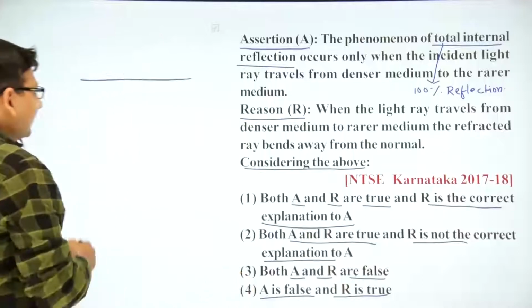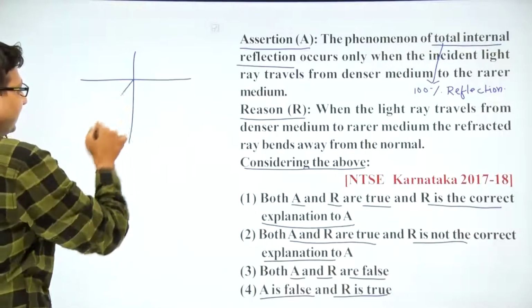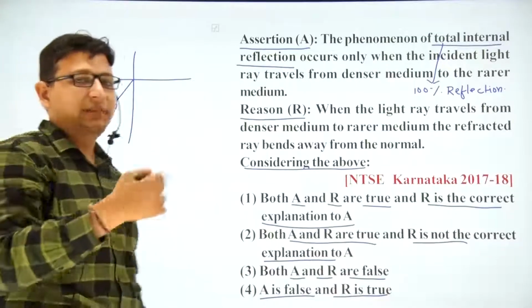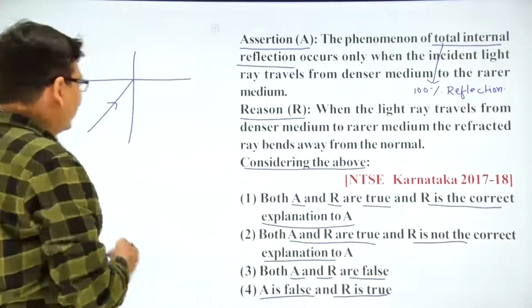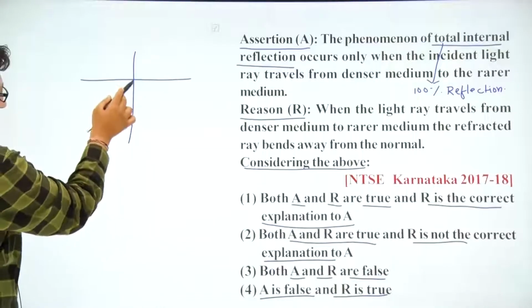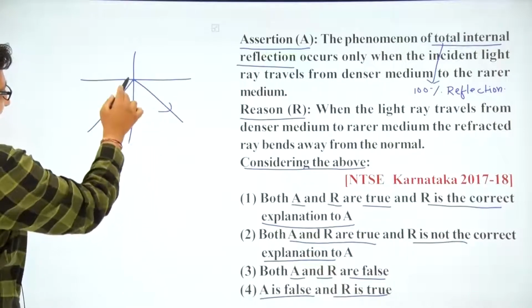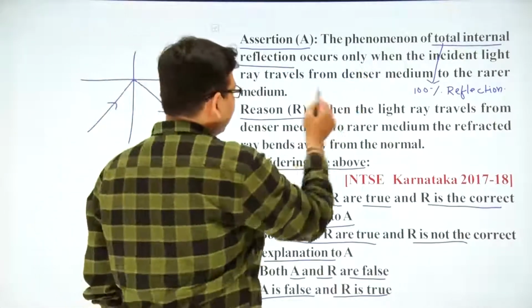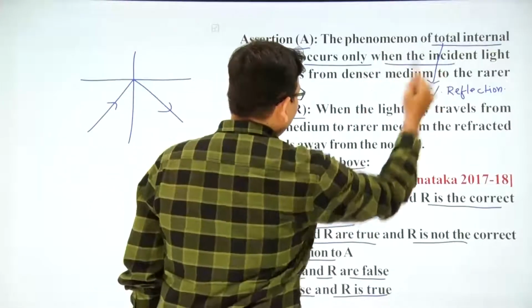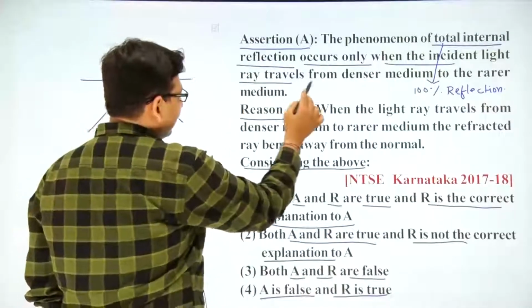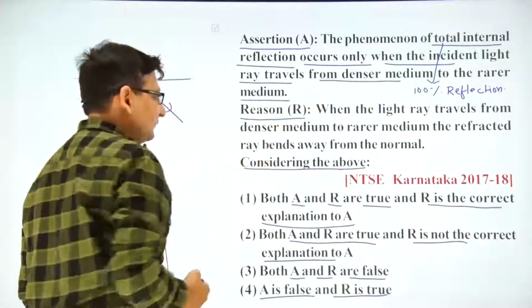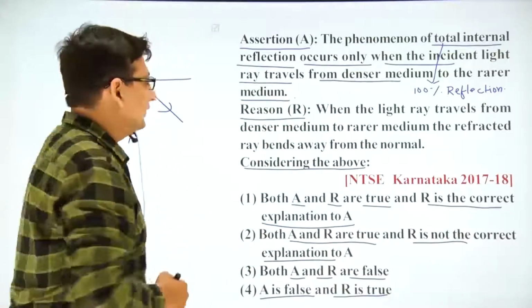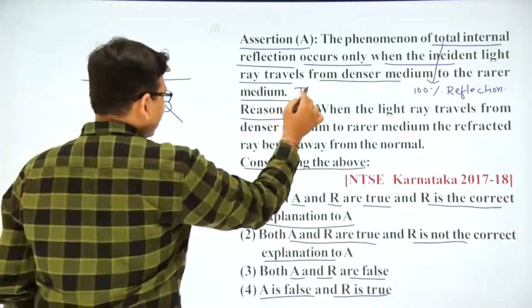In general, whenever light is incident on a surface, some of the light may transmit to the other medium and some may be reflected. The general phenomenon has reflection as well as transmission. But according to the question, 100% reflection occurs only when the incident light ray travels from a denser medium to a rarer medium. They are asking about the condition. Yes, this statement is true.